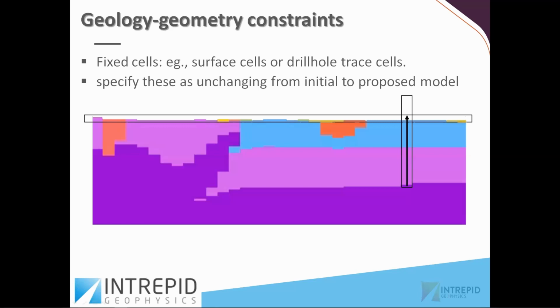And we allow some variation, a standard deviation, within that limit for the value of the density or susceptibility, so that the inversion can select the most appropriate value under the probability distribution function that may help us achieve the best fit between the observed and computed response.